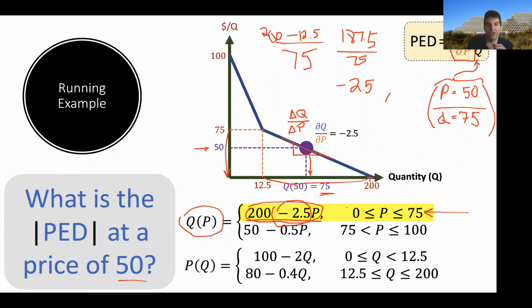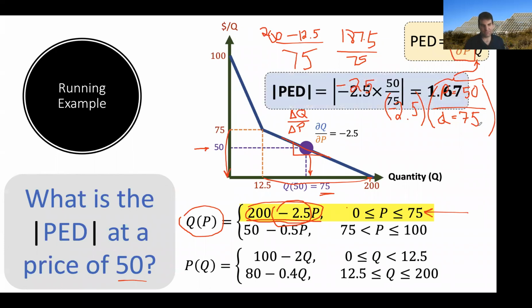So we put a negative 2.5 in front here, and that ends up being our PED, the product of minus 2.5 and this ratio, 50 over 75. That would be negative 1.67. If I take the absolute value of that, as economists typically do because we assume that things follow the law of demand, then we just get 1.67.